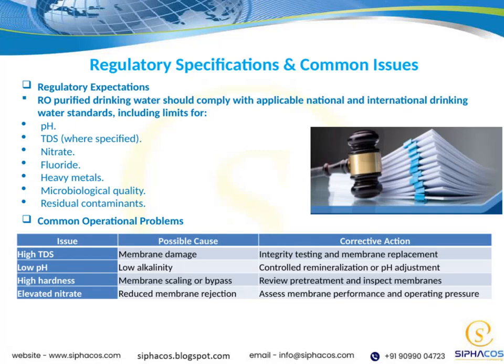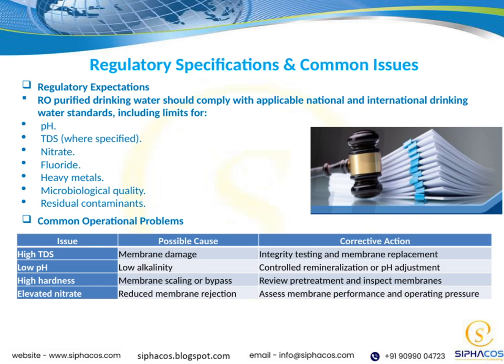When working with reverse osmosis systems, we often face a set of common issues that can affect water quality. High total dissolved solids, or TDS, usually point to membrane damage, so integrity testing and replacing the membrane are key steps. Low pH often means low alkalinity, which we can correct through controlled remineralization or pH adjustment.